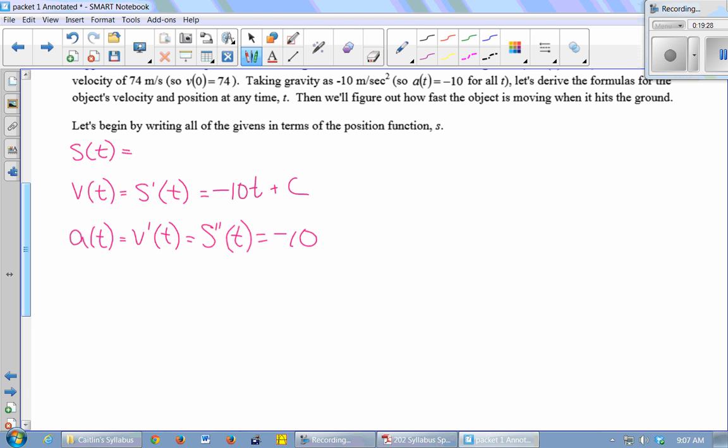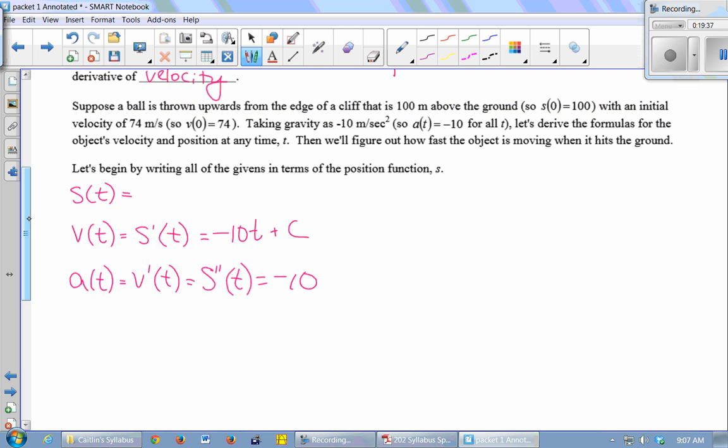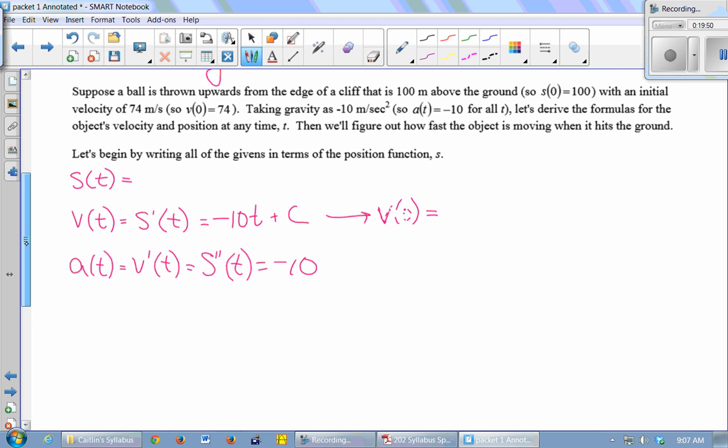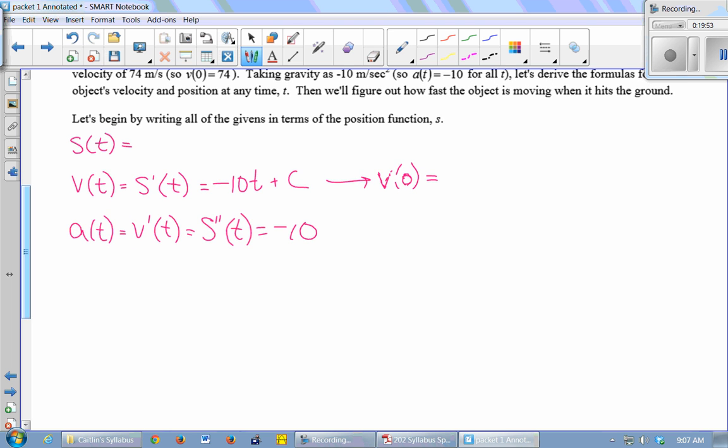How can I figure out what that plus c is in this specific case? Yeah, because I know that v of 0 is 74. So v of 0 means that negative 10 times 0 plus c should give me 74 meters per second.